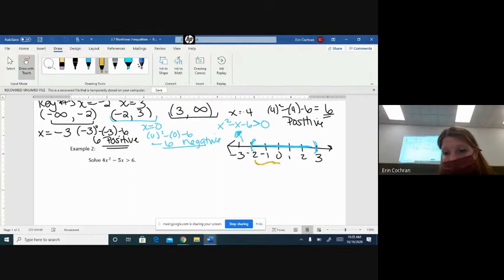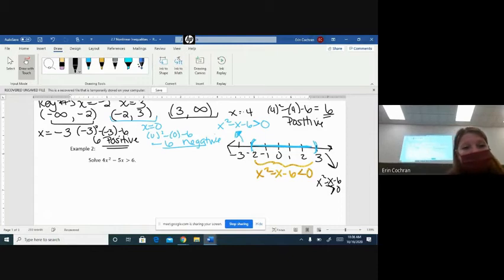All right, so from here to here. All right, so example 2, we're setting this equal to 0. So we subtracted the 6 over, right?